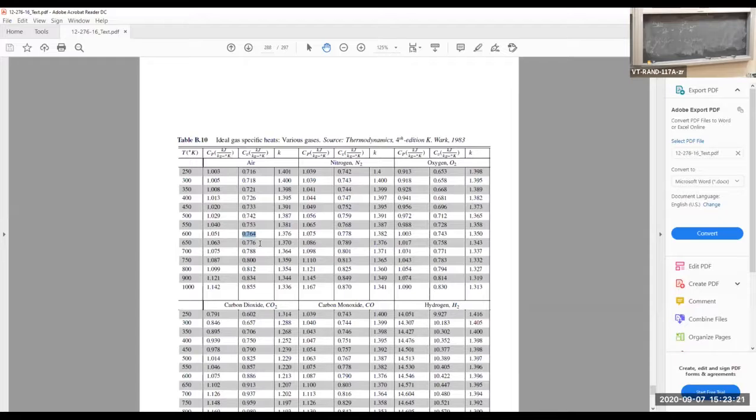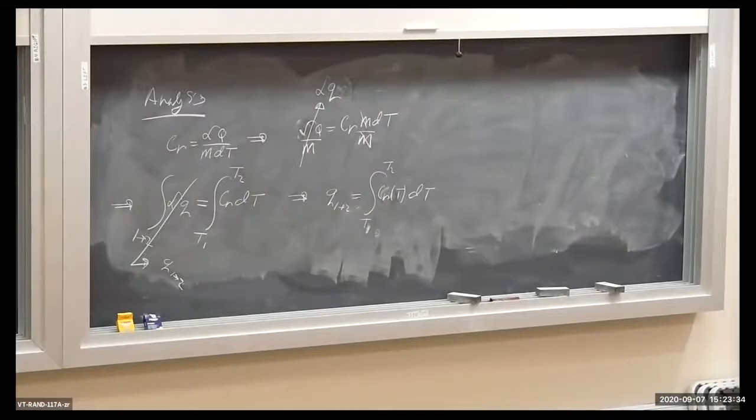So what are we going to do? We're going to evaluate our specific heat at the average temperature, 450 Kelvin.